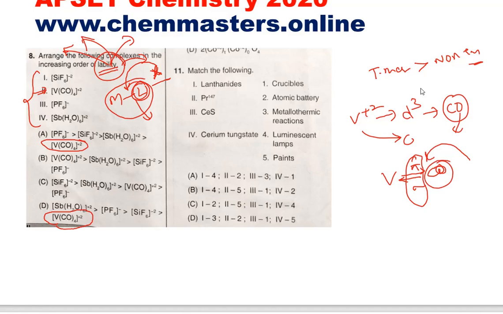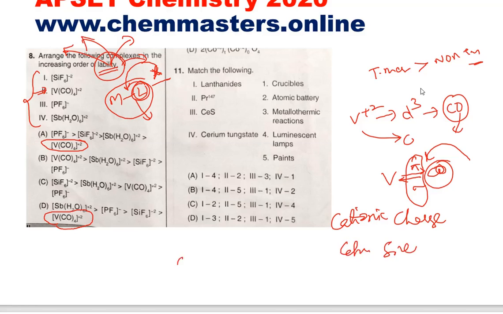So we consider the vanadium carbonyl an inert complex. Now look at the non-transition complexes. To decide the lability, simply remember the cationic charge and also the cationic size.